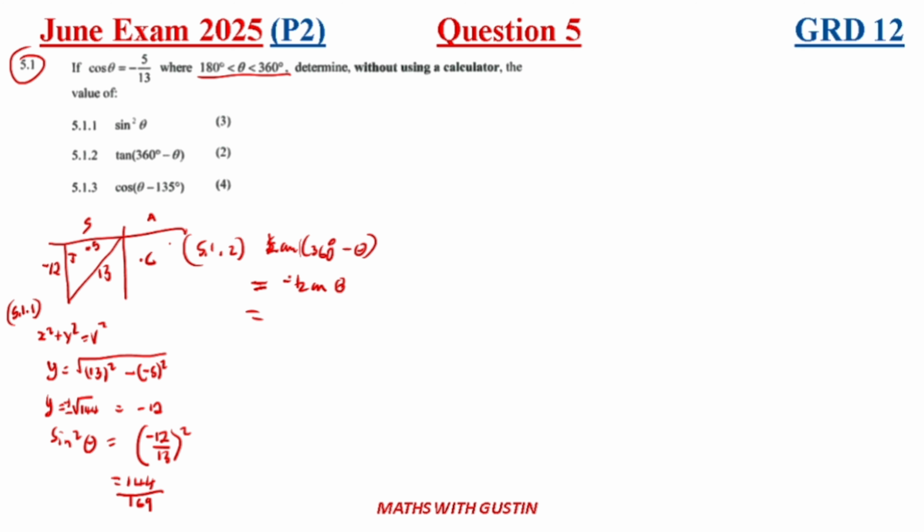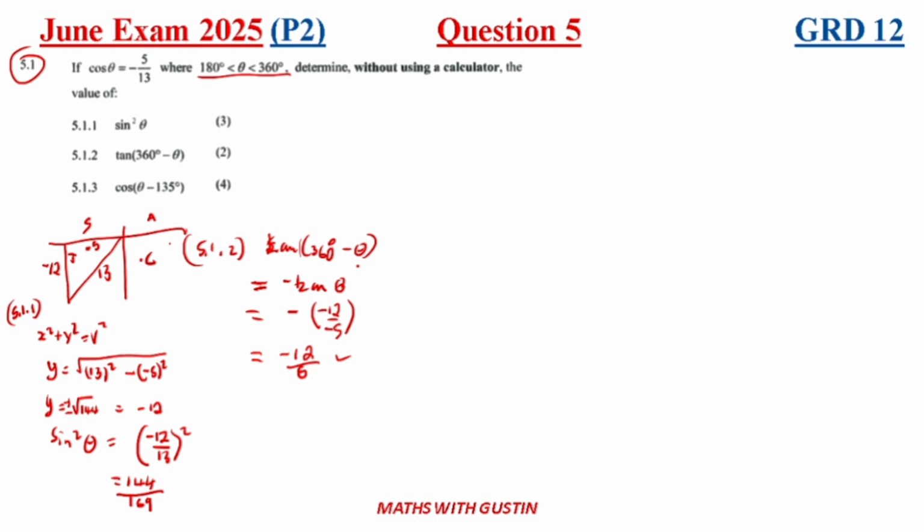So therefore, what is tan? Tan is opposite over adjacent, so it's negative times negative 12 over 13, no, opposite over adjacent. Adjacent is negative 5. Let me correct this one, negative 5 here, guys. So our answer is negative 12 all over 5. So this would be our answer right here.